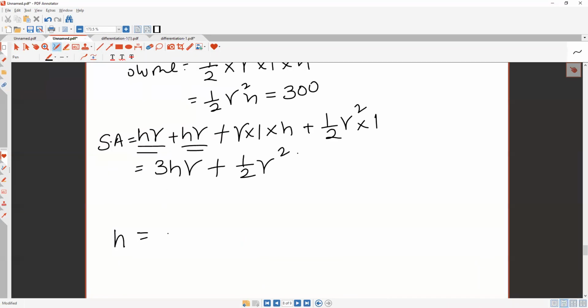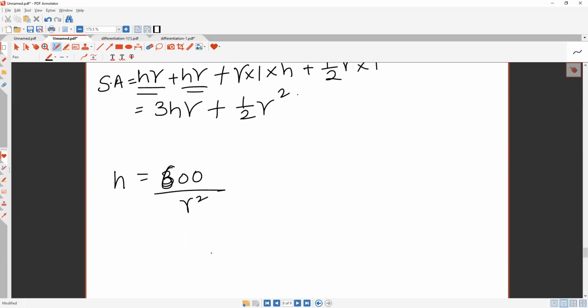If I make h the subject, with volume 300, it's 600 divided by r square, and I have to substitute that in place of h over here. So what will I do? Okay, let's try. 3 into 600 by r square multiplied by r plus half r square.